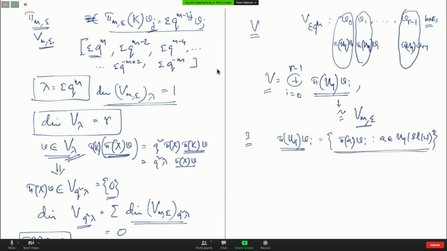The way you have defined it is invariant, because π(b) applied to any such thing, π(b)π(a), is going to give you again something of the same form. So it is an invariant subspace. This is a subspace that is also easy to check. So these are all invariant subspaces.